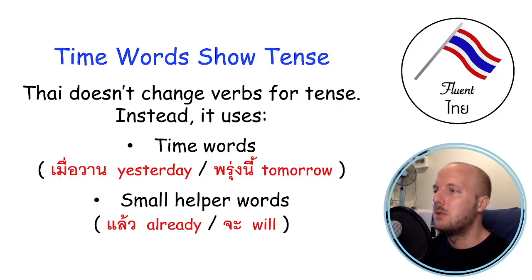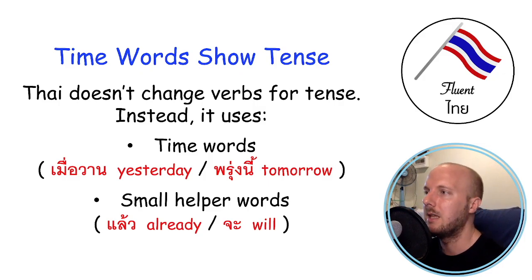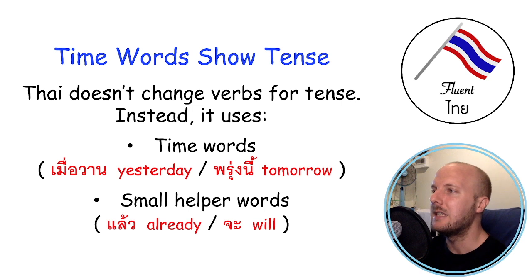Time words show tense. So Thai doesn't change verbs for tense. Instead, it uses time words. So this is quite different than English, because obviously in English we can say like eat, ate, eaten, and we use ed for past.